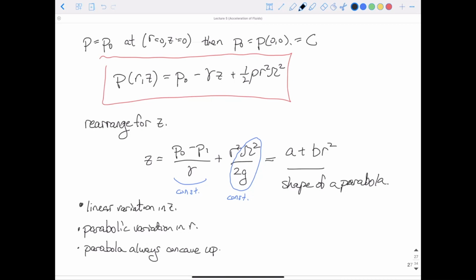It's going to be positive, and 2g. So that shape is always going to be upwards. So if we combine these last 2 points, we can say all isobars are parabolic.